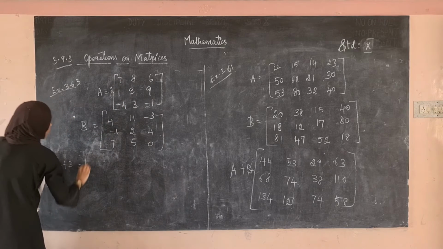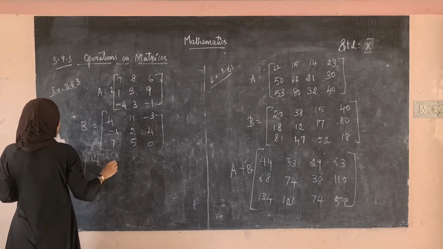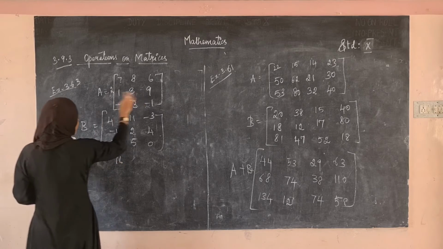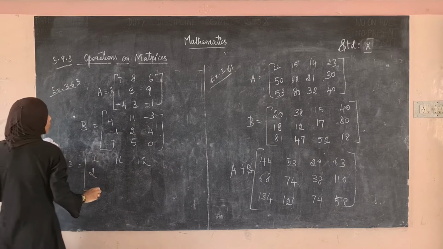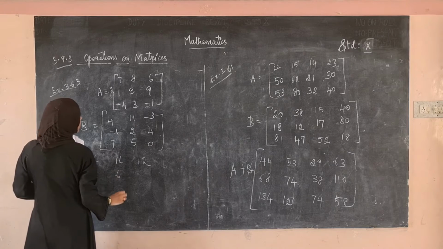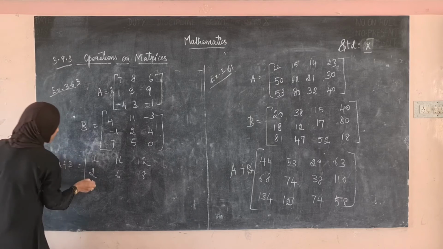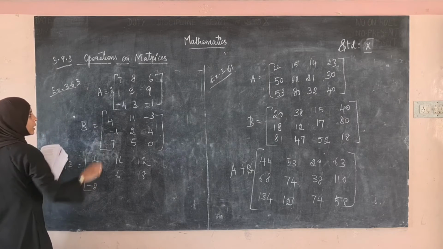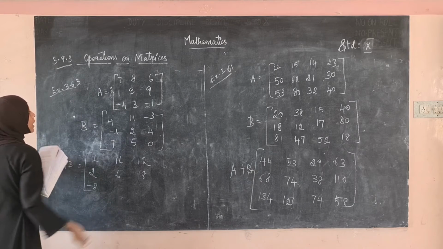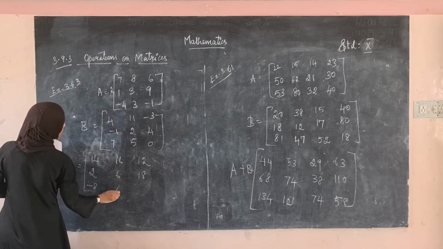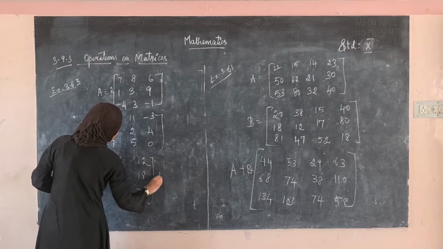What is 2 into 7? 14. 2 into 8 is 16. 2 into 6? 12. 2 into 1? 2. 2 3s are 6. 2 9s is 18. Minus 4 into 2 is minus 8. See here, the symbols will be as it is. 3 into 2 is 6. Minus 1 into 2 is minus 2, plus B.